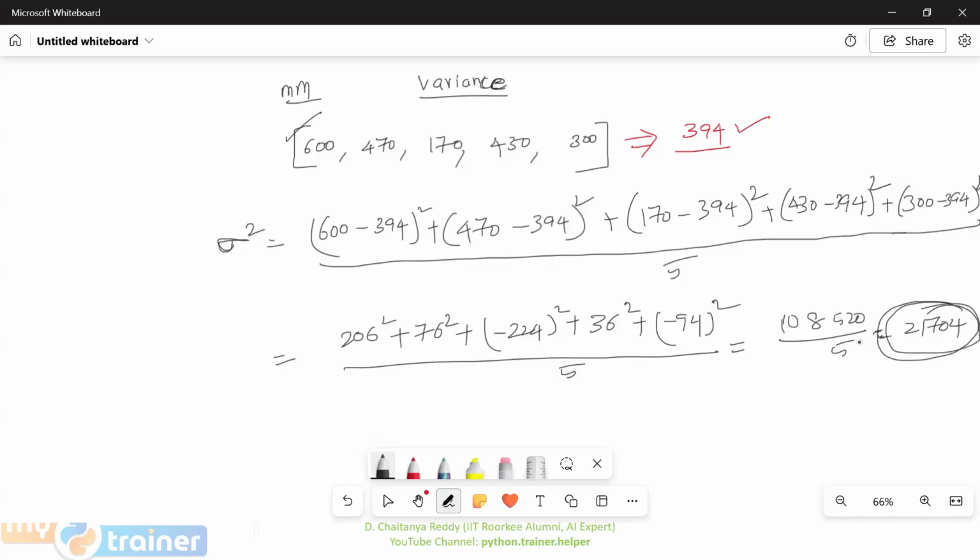Higher the variance, what does it mean? It means each and every dog height is too much deviated from the average of the dogs. For example, my data set is something like this.